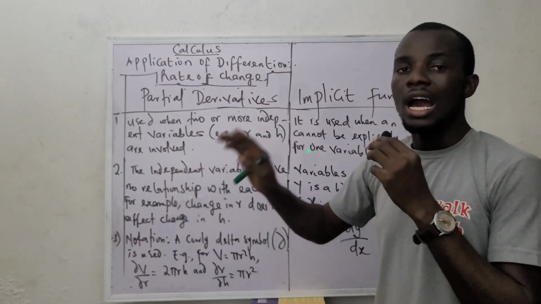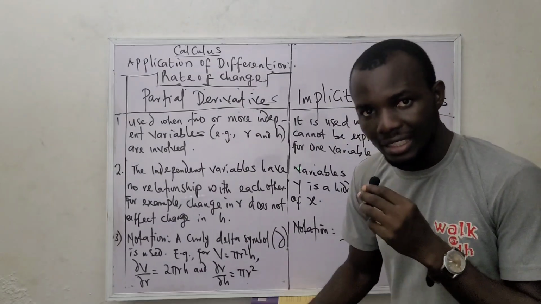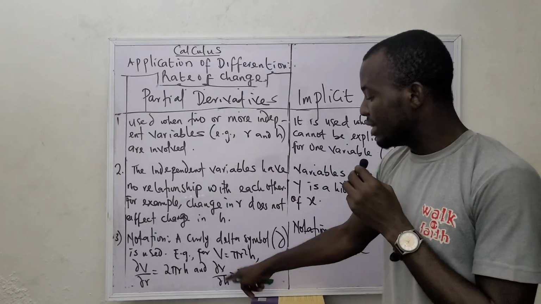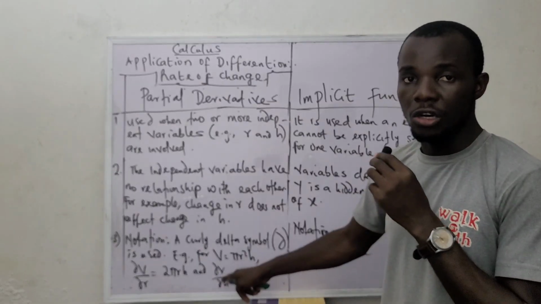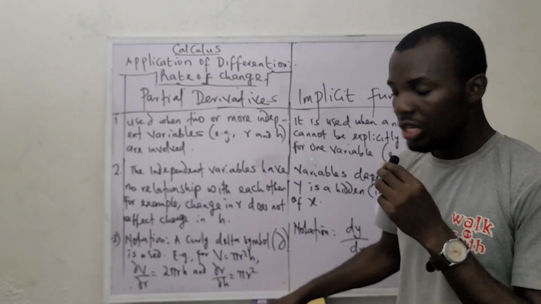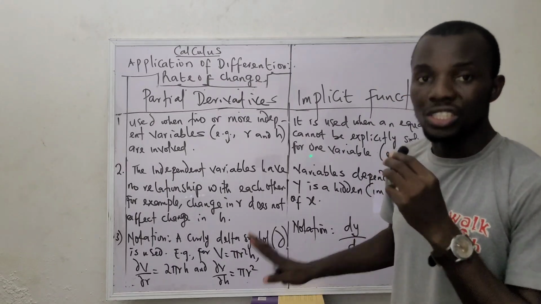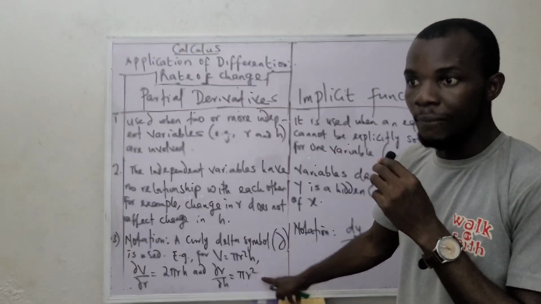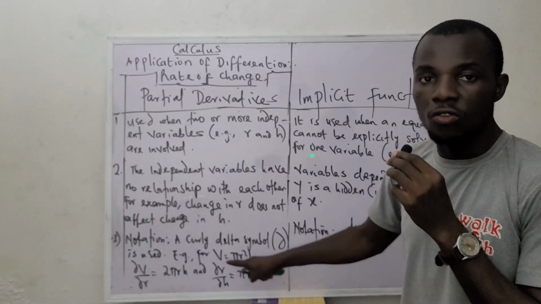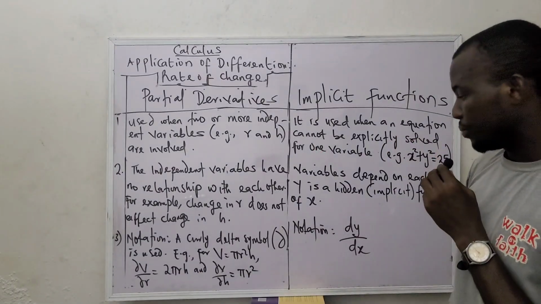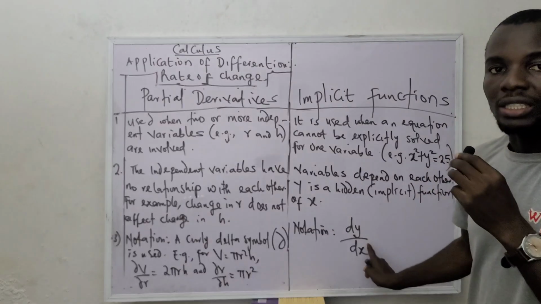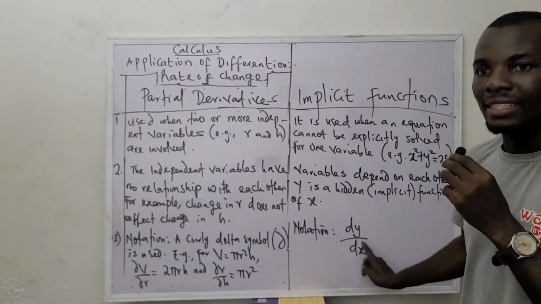In this case, h is kept constant. But over here, we are dealing with the differentiation of V with respect to h. Hence, we are keeping r constant. We only differentiate it, and you can see that h is no more there because it's a result of the derivative. But under an implicit function, we keep it as dy dx.